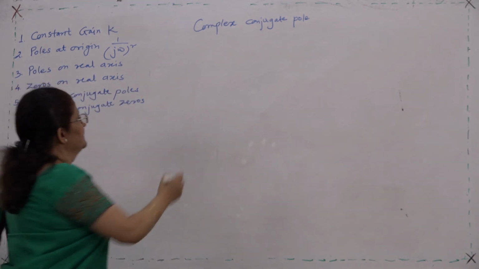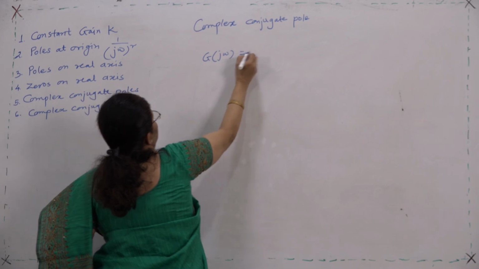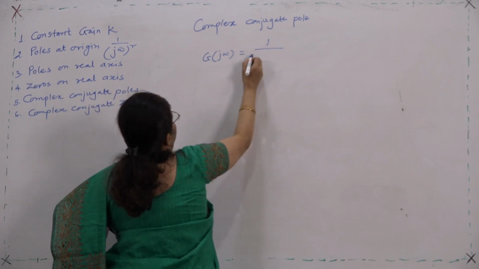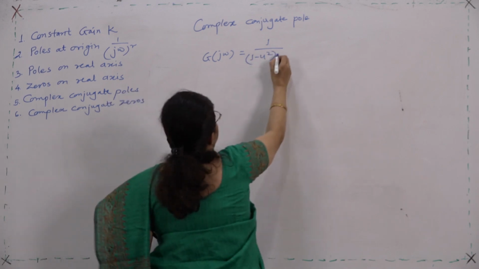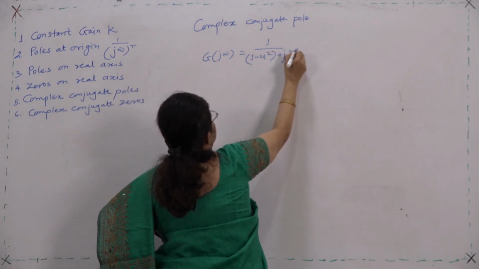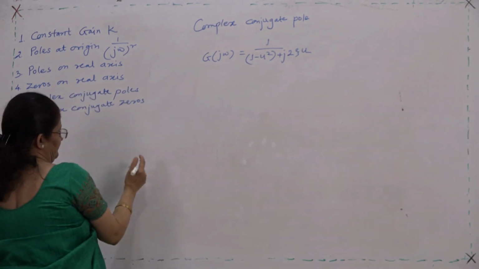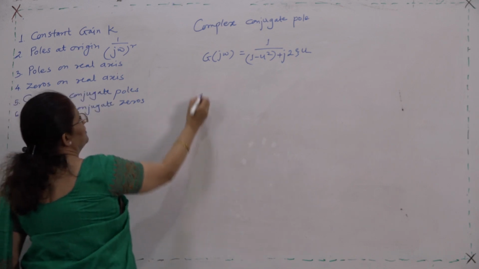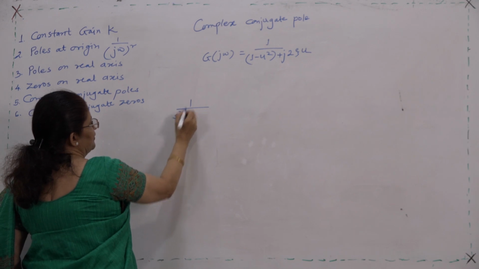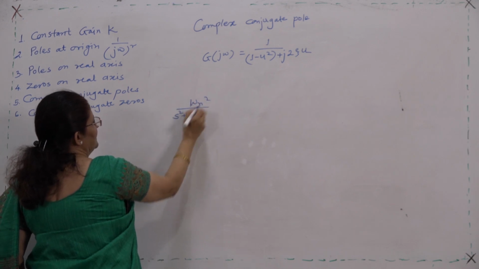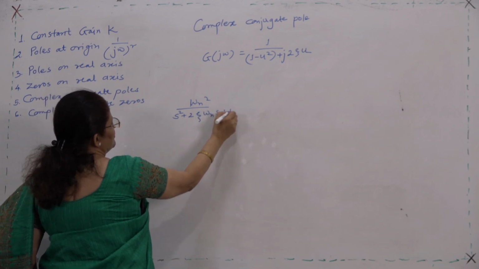We are considering the transfer function G(j omega) equal to 1 upon 1 minus u square plus j twice zeta u. I think we are familiar that if a complex conjugate pole is there, we represent it as omega n square upon s square plus twice zeta omega n s plus omega n square.